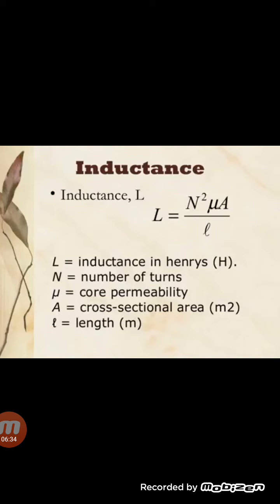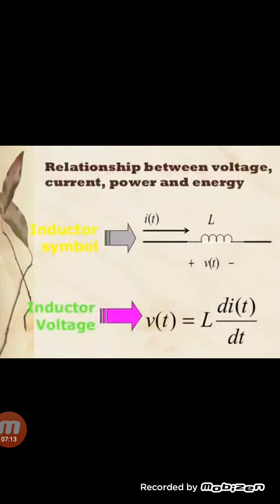And after removing the proportionality, we put a proportionality constant, that is mu. So L is the inductance in Henry, N is the number of turns, mu is the core permeability, A is the cross-sectional area in m squared, and L is the length, right? And all these things we have also seen in our figure and discussed in this formula. Okay.